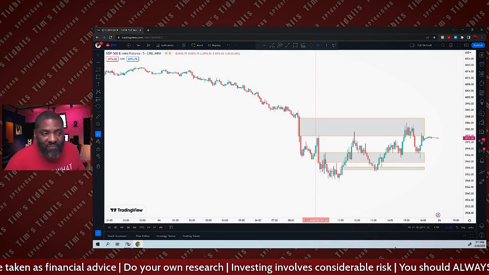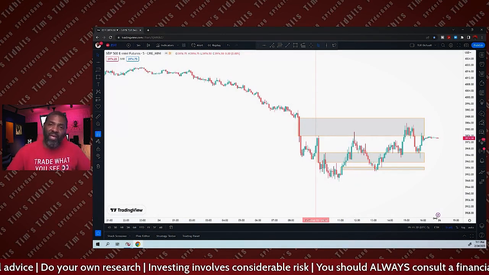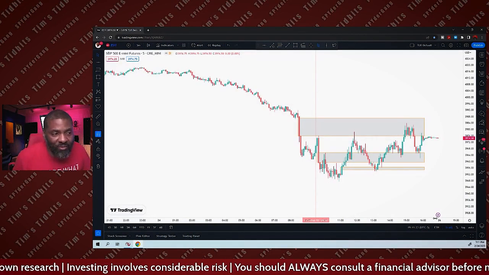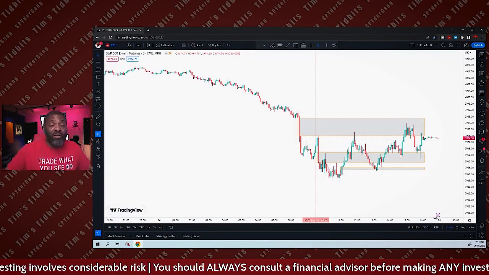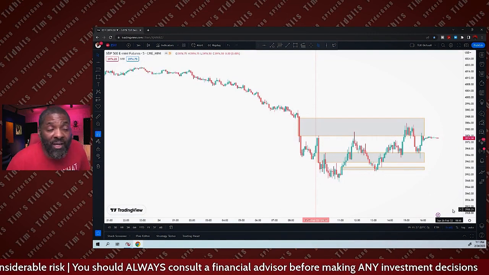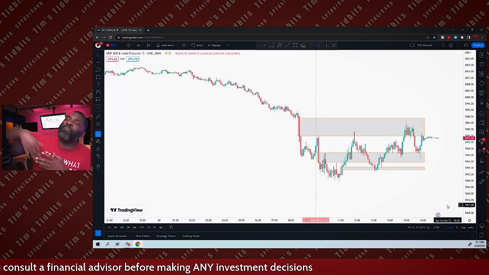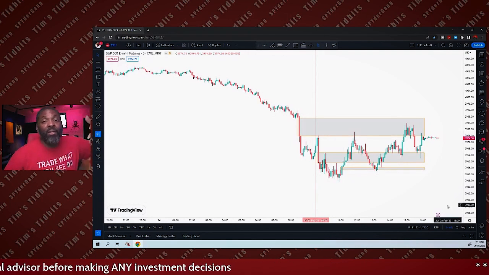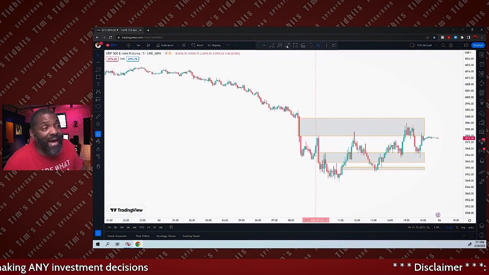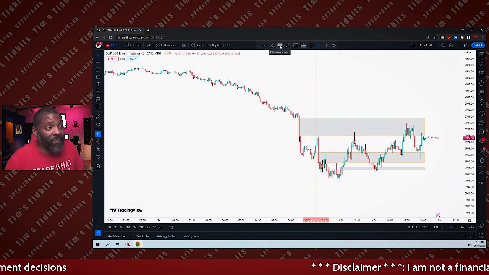You start identifying your PD arrays. And then once you identify your PD arrays, you start looking at where you want to enter. I want to buy because it gave me a pay to the upside. Now that you know where you want to buy, then you look at the price leg.